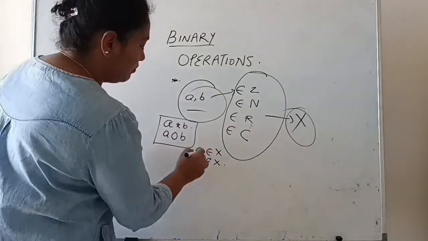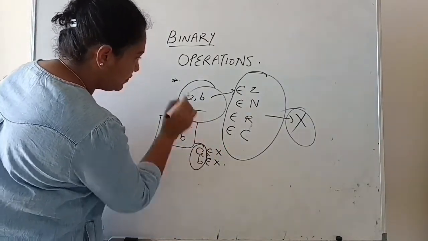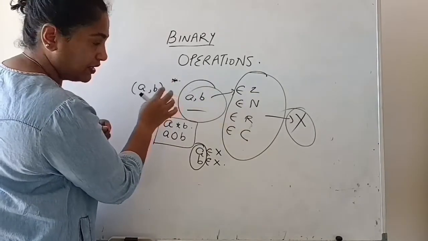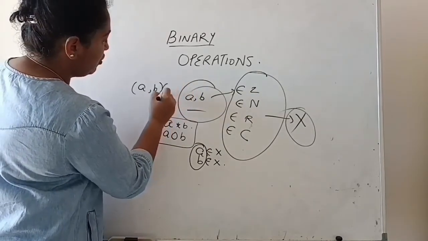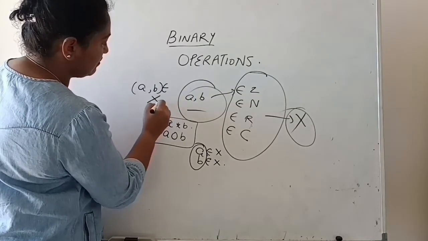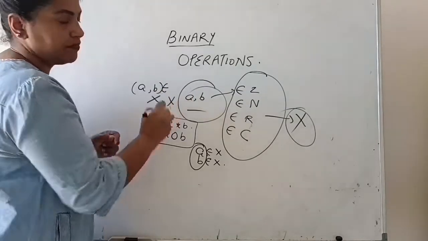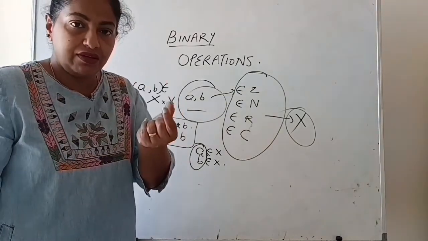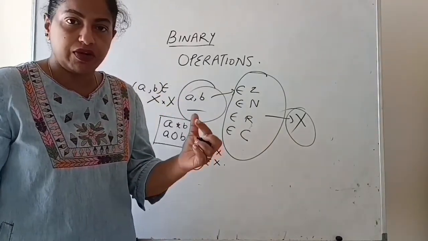Now, if I put a and b in set form, a, b within brackets, I can say that (a, b) belongs to X, because a, b is a set. It looks like a Cartesian product.